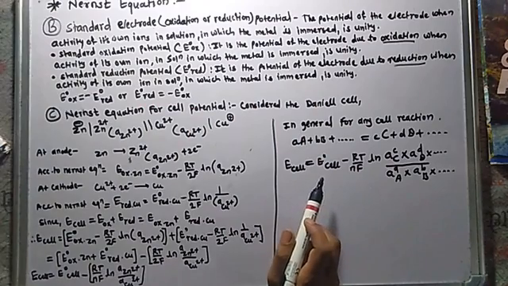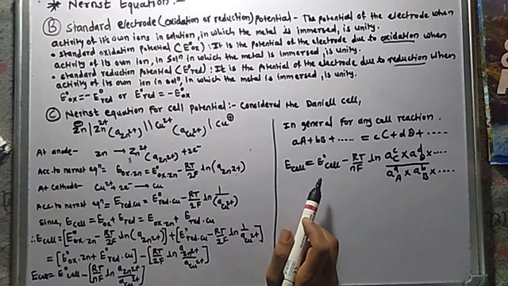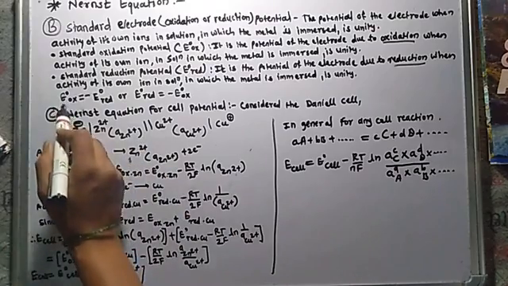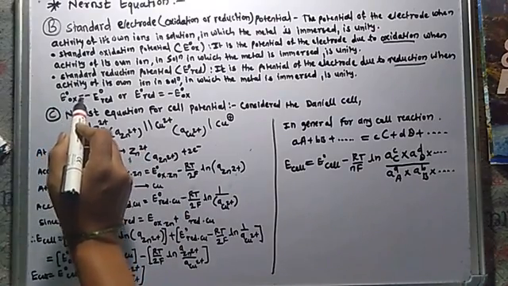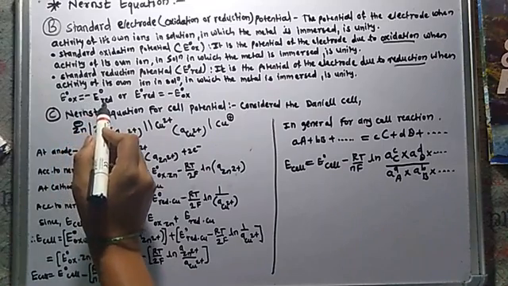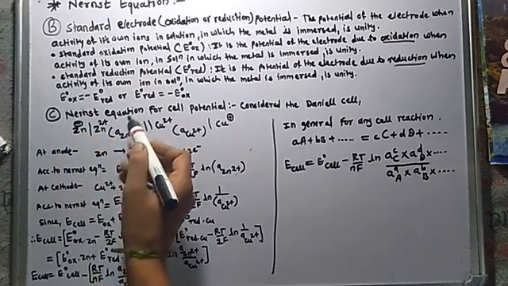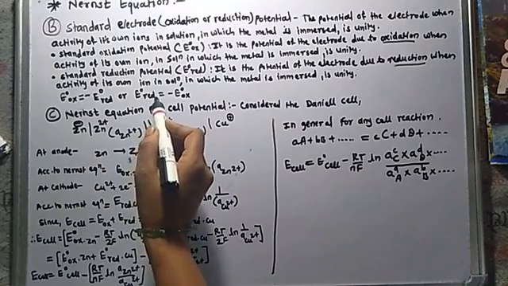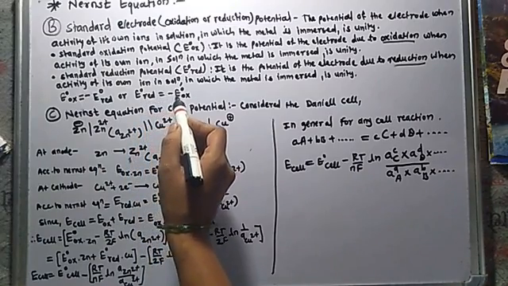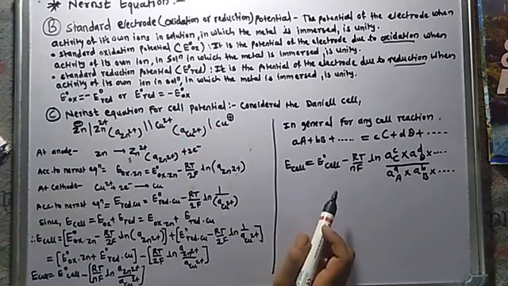We already saw that the oxidation potential and reduction potential are equal and of opposite sign. So E standard oxidation is equal to minus E standard reduction. Also, it is represented as E standard reduction is equal to minus E standard oxidation.